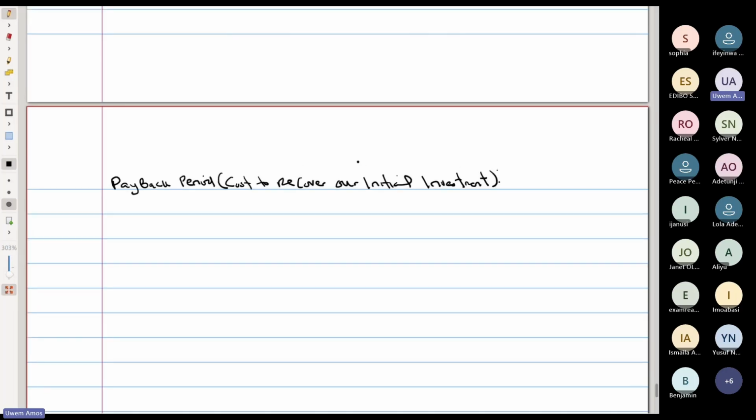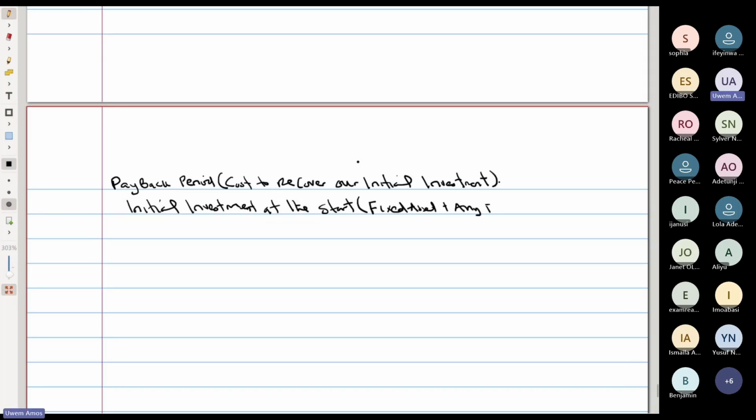Let's go back to our question and see, what is our initial investment at the start? This can be our fixed asset plus any expense at the start.